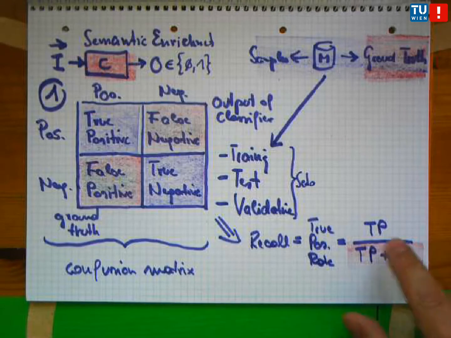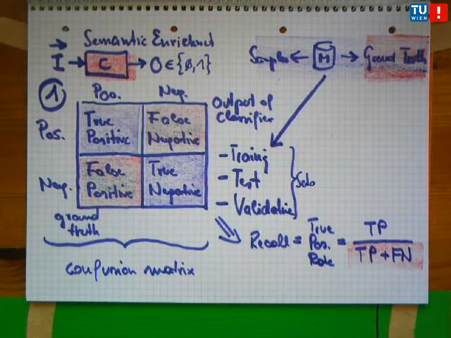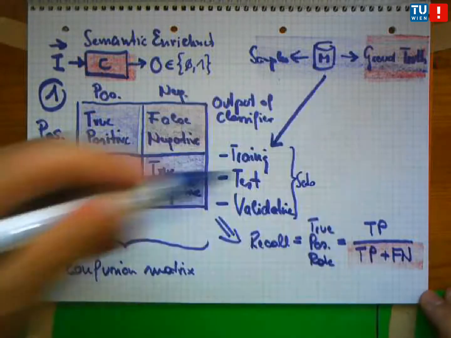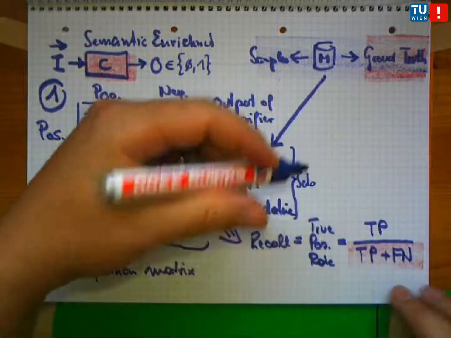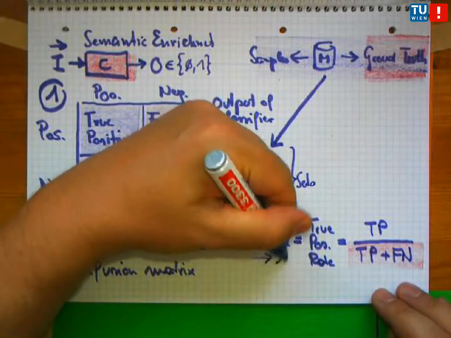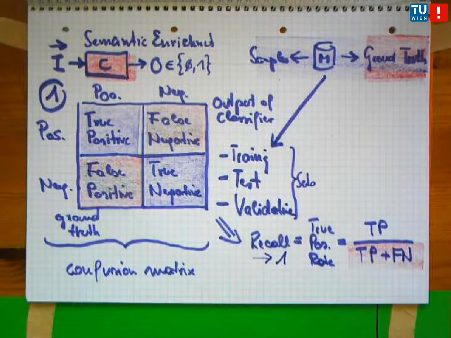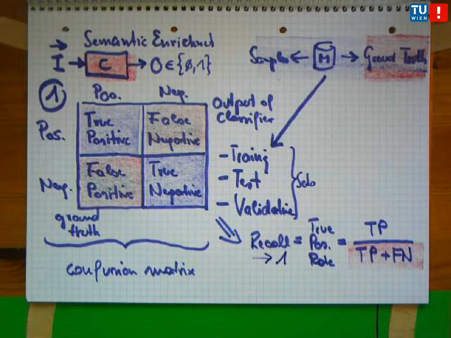Some of them are correctly recognized. Others, unfortunately, are not. They are said to be negatives, but they are not. They are false negatives, so they also belong to that category. If that value goes to 0, it means that we are not recognizing anything. If it goes to 1, it means that we recognize everything correctly, which is very good.